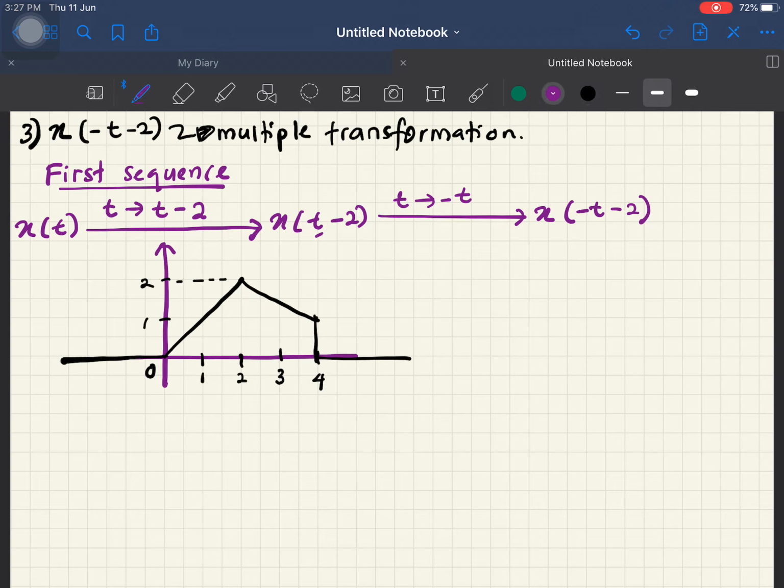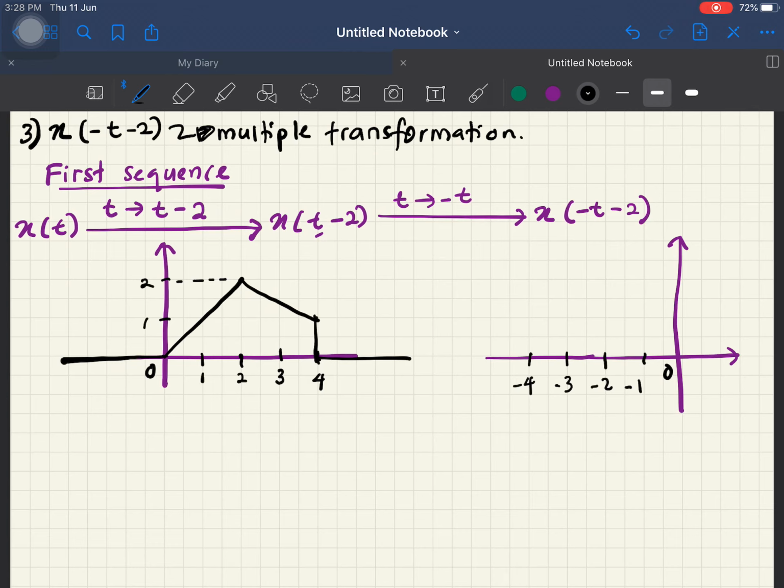Now after you do time shifting, then you perform the second transformation, which is time inversion. So you have 0, minus 1, minus 2, minus 3, minus 4.